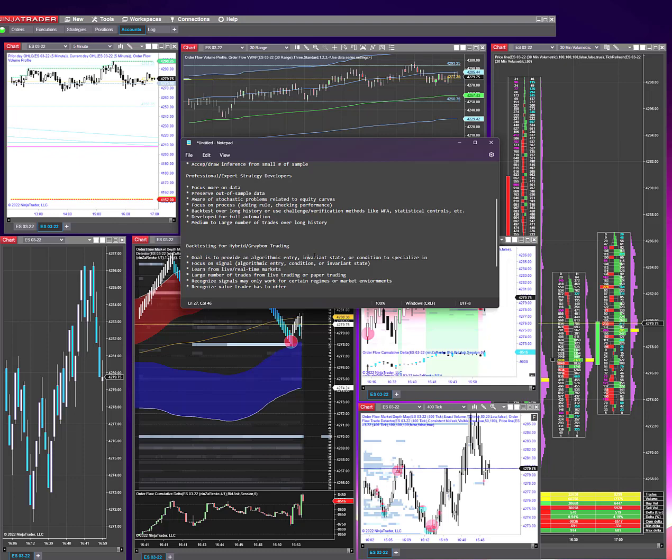So one of the side effects of this for hybrid Graybox trading is you need a lot more trades. You need a lot more signals, because even your well-developed automated strategies that have really good statistics tend to be very selective, and that's not going to work for an active day trader, because they're never going to get the signals.